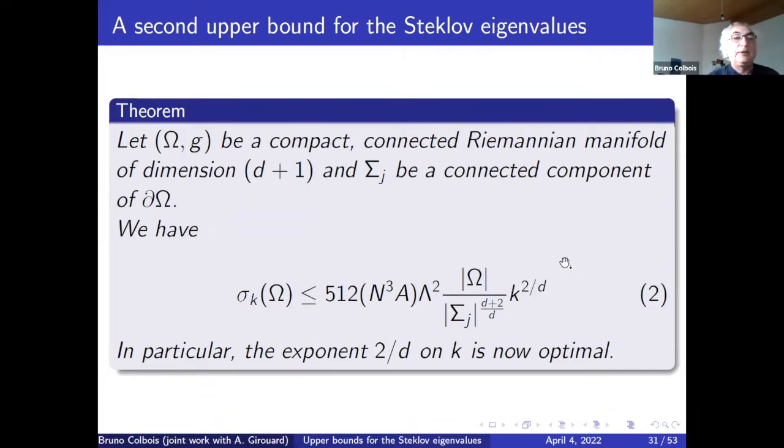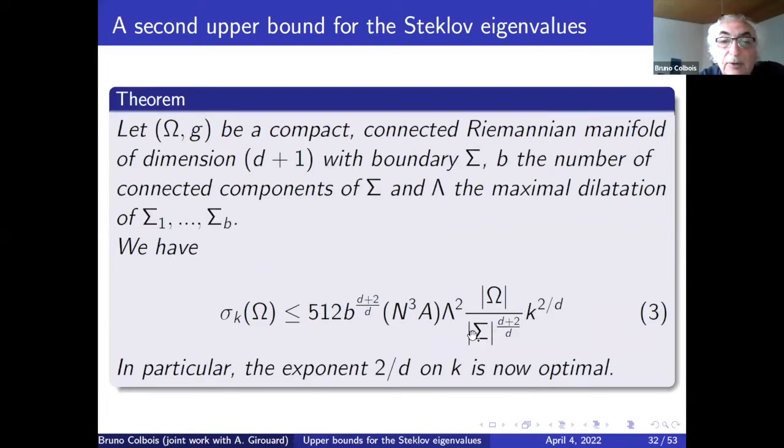It's not possible to get better. If we want a result with respect to the volume of the whole boundary, it's very similar. You can introduce here the whole boundary, but you need to take into account the number of connected components. It's more or less the same thing. It's not the important fact.